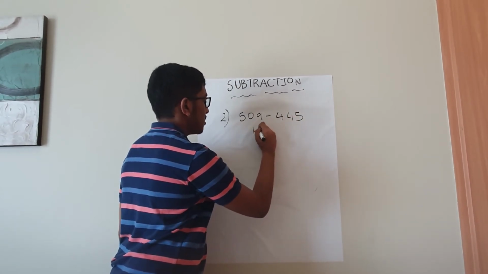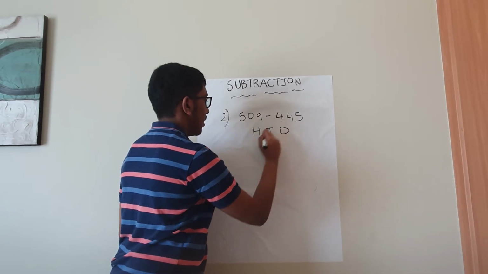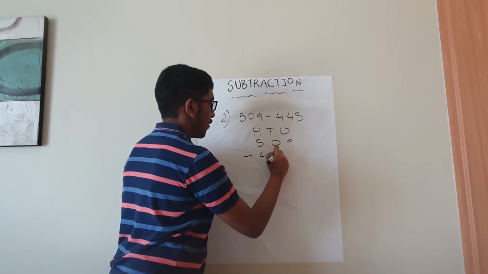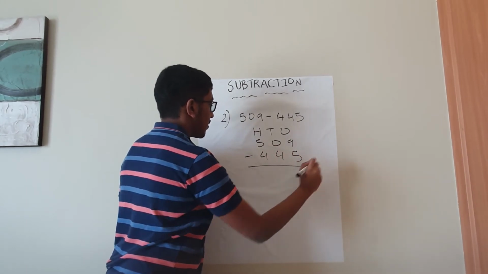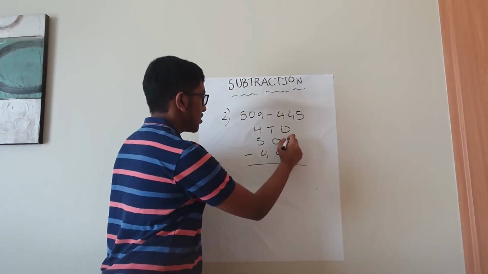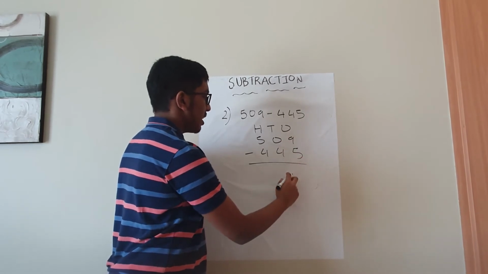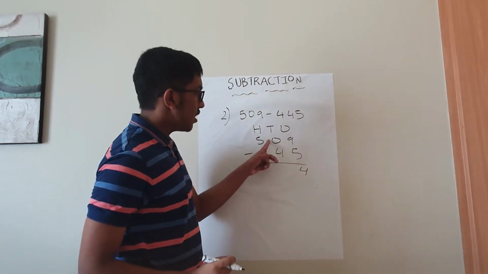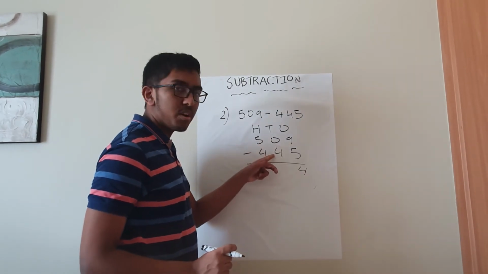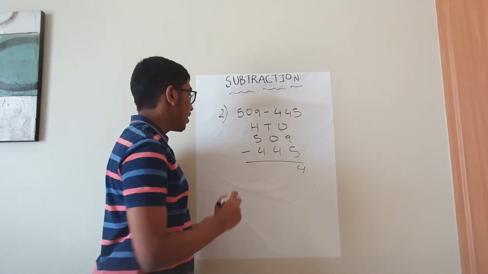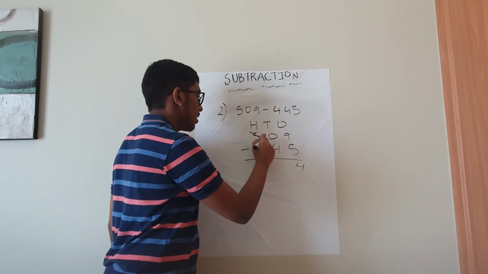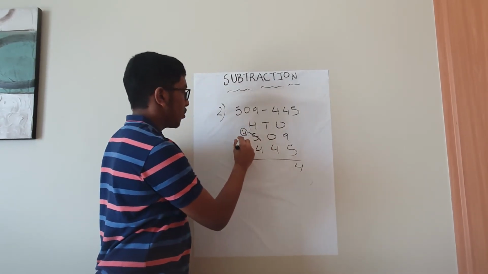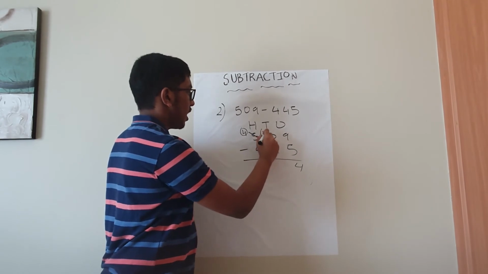You do HTO, you write 509 minus 445. So this is 9 minus 5, which is equal to 4. Over here 0 is less than 4, right? So you need to borrow. So you subtract 1 from 5, you get 4, and put that 1 up here.